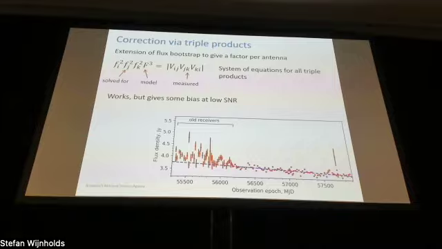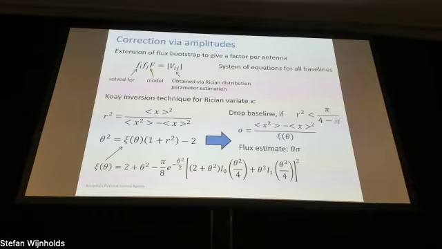So I initially tried to understand the statistics of triple products, which gets very non-trivial when you get down to low signal to noise. And then I realized that I basically try to predict it as the product of three amplitudes, and I probably should just move to amplitudes instead. And that's what I did. So a much simpler equation when you have some kind of amplitude estimate through a debiasing process.